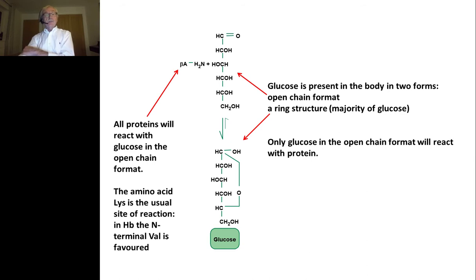The glucose will bind preferentially in most proteins to the lysine residue. Hemoglobin is unique in that the glucose in the hemoglobin molecule binds to the N-terminal valine. But note, only if the glucose is in the open chain format. If it is in the ring structure, it does not react.